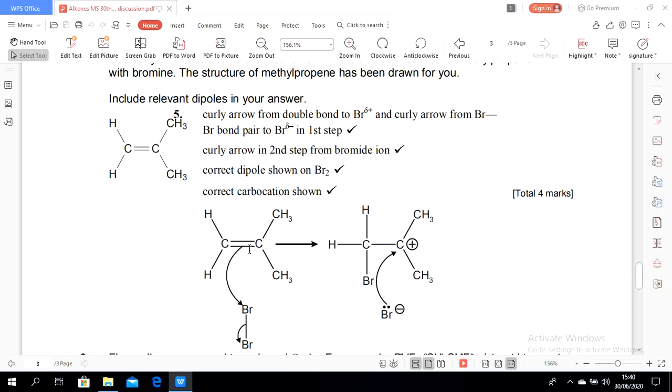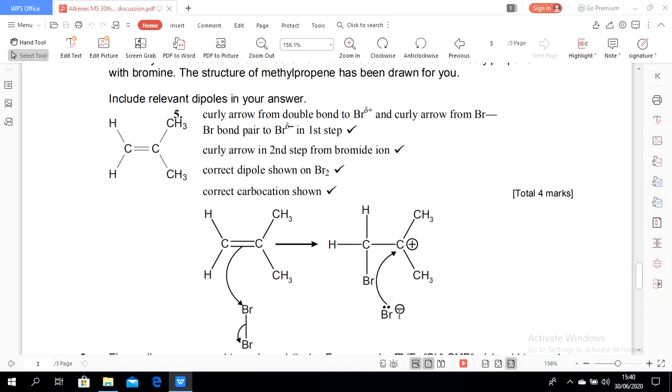The double bond has high electron density that repels this bromine. The electron in this bromine is taken by the other bromine. That makes this bromine become an electrophile. The electrophile will attach to the carbon here. And then this carbon becomes a carbocation.